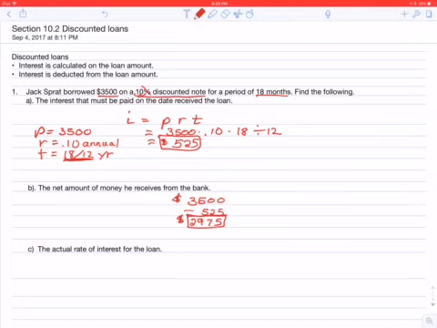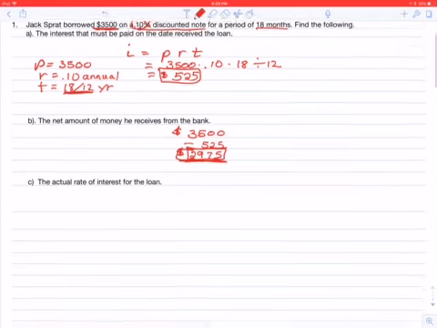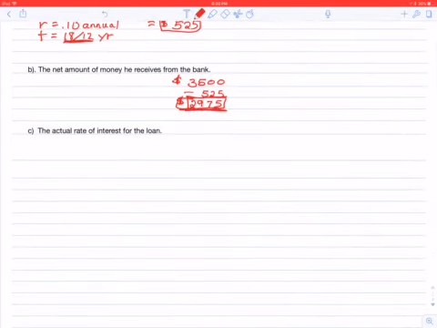So they advertised an interest of 10%, but that was based on the $3,500 loan amount that he requested. We want to find the rate that he pays on the amount that he actually got. So we want to find the actual rate of interest. So to find the actual rate of interest, I'll use the simple interest formula.